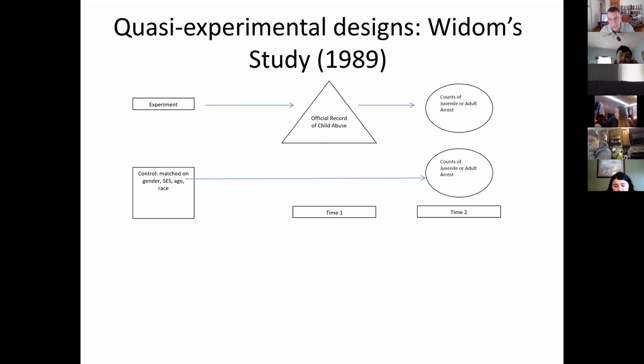And so then you can see if that really played into how criminal they were when they were juveniles and when they were adults. So this is a notion of controlling for or matching people on certain characteristics to see if X still makes a difference net of these controls. We will talk about this a lot more when we get into multiple regression.